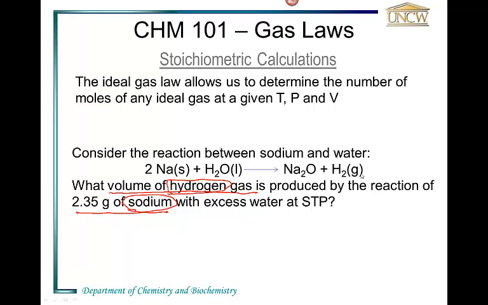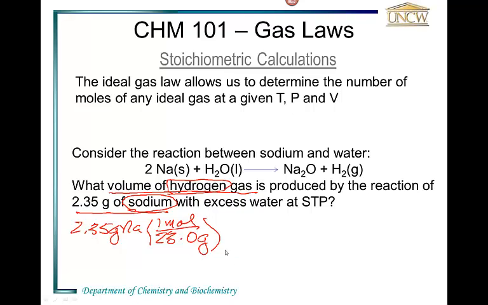So what we'll do is proceed as we always have, starting with what we know, 2.35 grams of sodium. Now we're going to need to convert that to moles if we're going to use the balanced equation to relate the moles of sodium to the moles of hydrogen. It turns out that the molar mass of sodium is 23.0 grams. So again, from the periodic table, I find the molar mass of sodium.